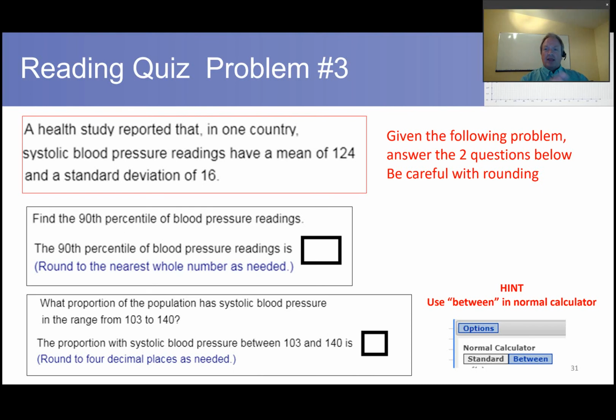So using that normal distribution calculator that we just were working with, I want you to find the 90th percentile for the blood pressure readings. And then go ahead and find out what percentage or what proportion of the population has a blood pressure between 103 and 140. So you can take a few minutes, go ahead and do that.